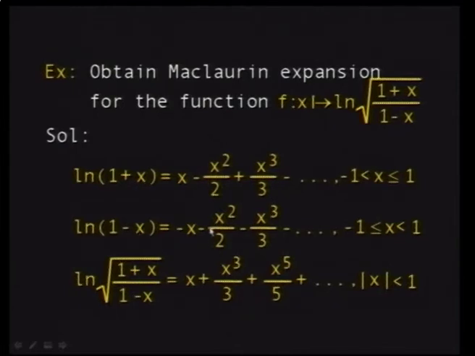You notice the difference: they are the same, except x is replaced by minus x, but you have to watch out, and you invert the inequalities of the condition of convergence. Then you take the square root outside the logarithm, which means half the logarithm of 1 plus x divided by 1 minus x. In other words, you take half the difference between these two expressions, and you get this new formula.